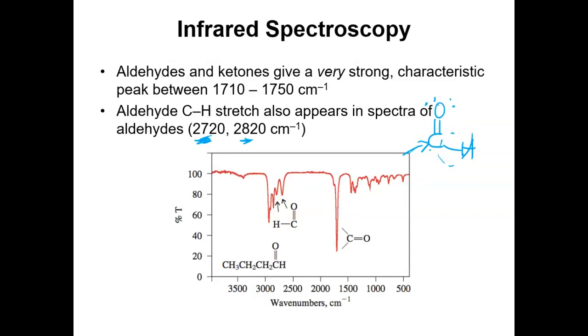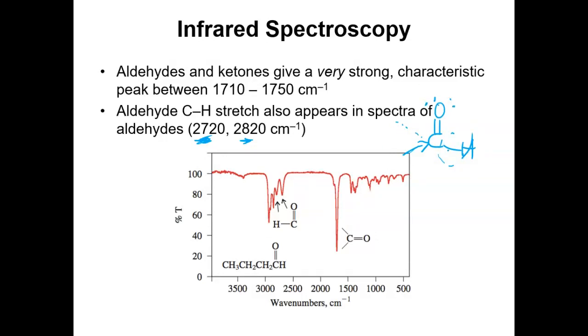If you apply molecular orbital theory locally, this CH bond can have its anti-bonding orbital extended to this side.